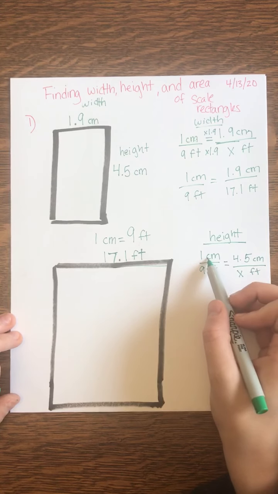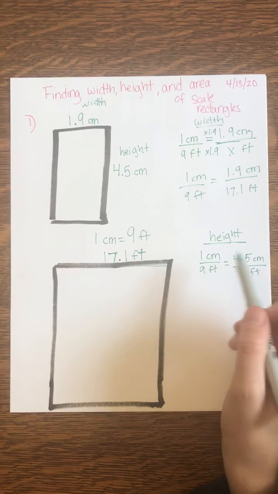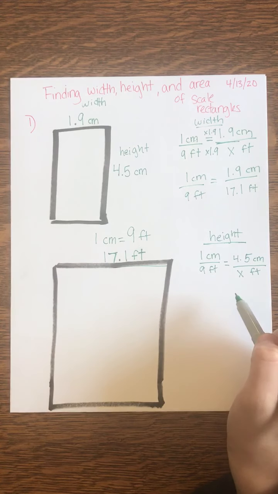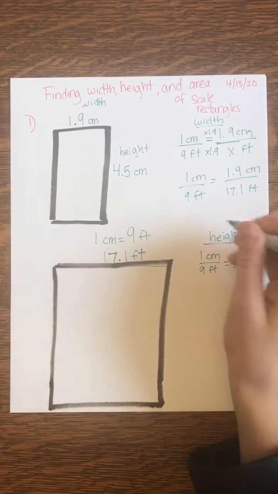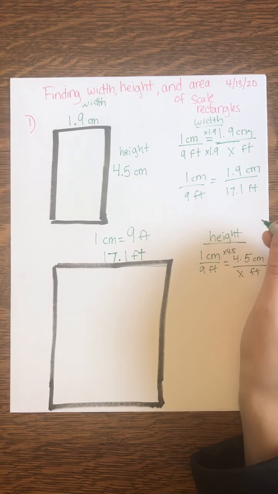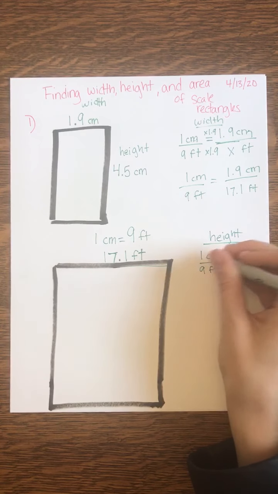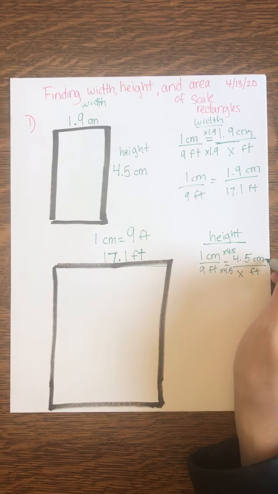So to go from 1 centimeter to 4.5 centimeters, I'm multiplying, not adding. So 1 times what equals 4.5? 1 times 4.5. And if I multiply by 4.5 in the numerator, I have to multiply by 4.5 in the denominator. Well, 1 times 4.5 is 4.5 centimeters.